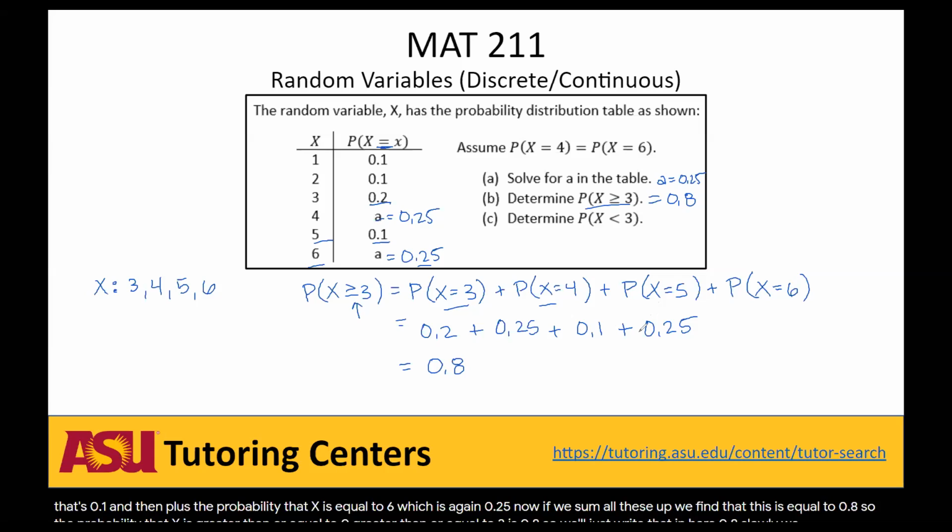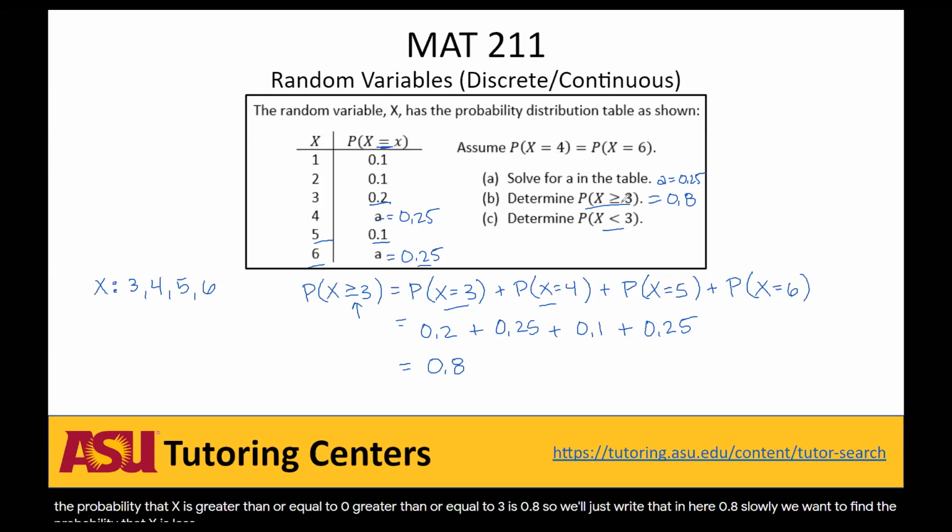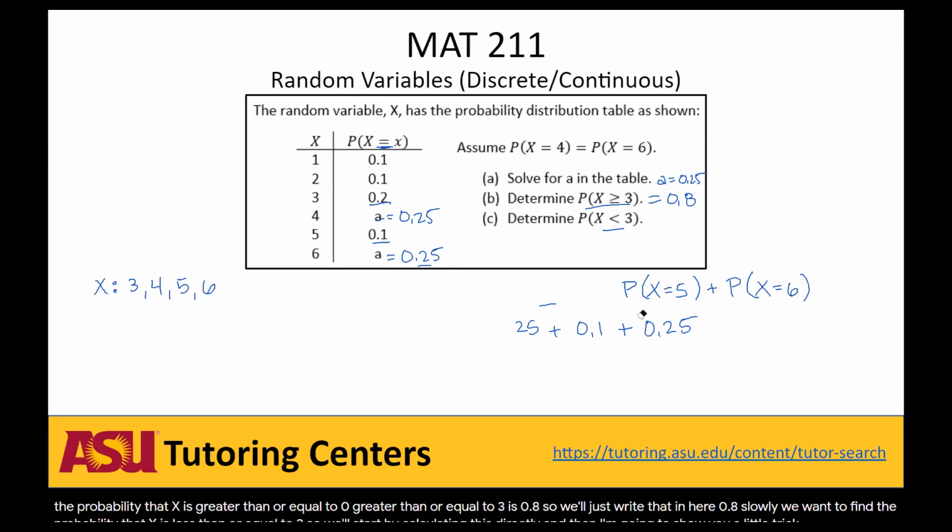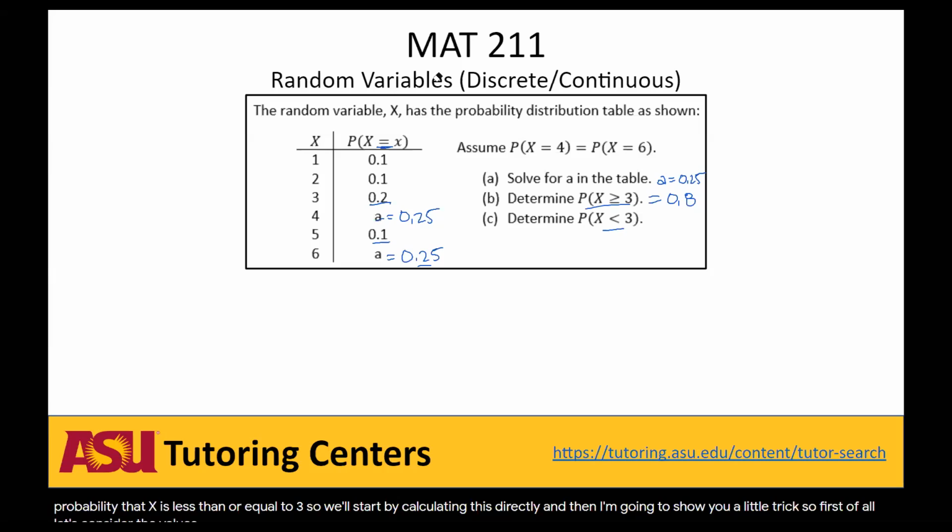Lastly, we want to find the probability that x is less than 3. We'll start by calculating this directly, and then I'm going to show you a little trick. First, let's consider the values that x could take that would satisfy x being strictly less than 3. We know that x could be 2 or x could be 1.